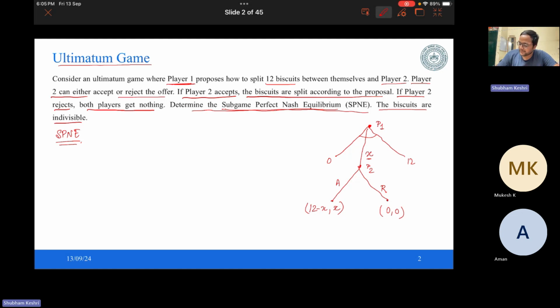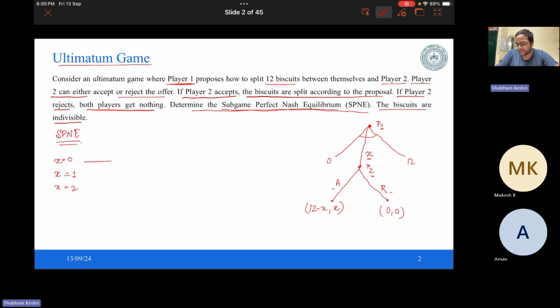It may seem that player 2 has only two strategies, accept or reject. But if you think carefully, for each action of player 1, player 2 can have a strategy, right? So player 2 can have an action for x equals 0. He can have an action for x equals 1, for x equals 2. So he actually has a set of actions.